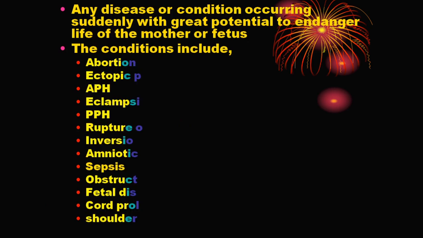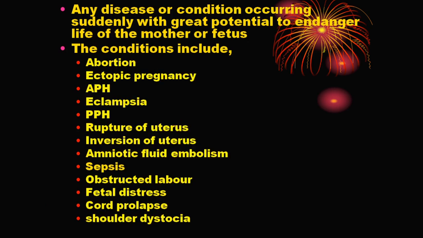The conditions include abortion, ectopic pregnancy, antepartum hemorrhage, eclampsia, postpartum hemorrhage, rupture of uterus, inversion of uterus, amniotic fluid embolism, sepsis, obstructed labor, fetal distress, cord prolapse, shoulder dystocia. These all come under the obstetric emergency. These all in some way or other endanger the life of the mother as well as the fetus.